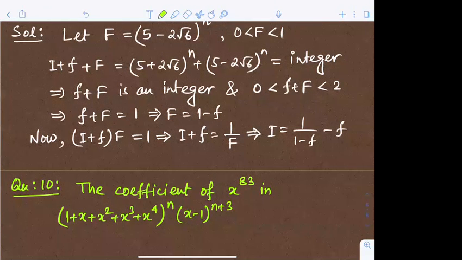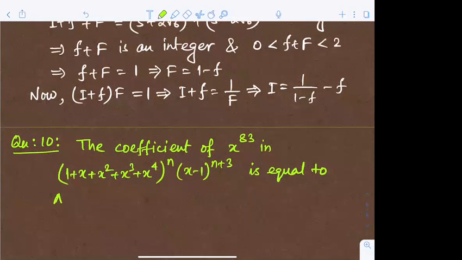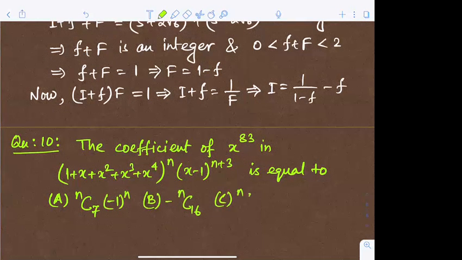The coefficient of x to the power 83 in this is equal to what, that we have to find. Option A is nC7 into minus 1 to the power n, option B is minus of nC16, option C is nC13, and option D is nC9. These are the four options, out of which one is correct, and we have to get the coefficient of x power 83 here. Try it.